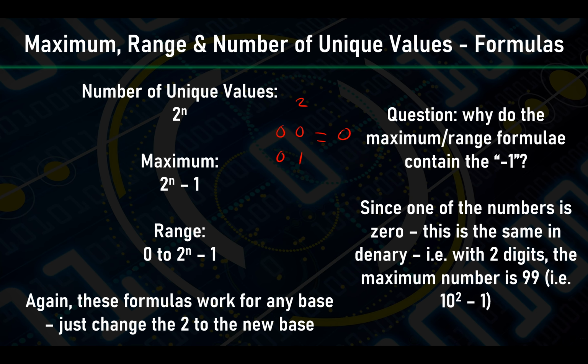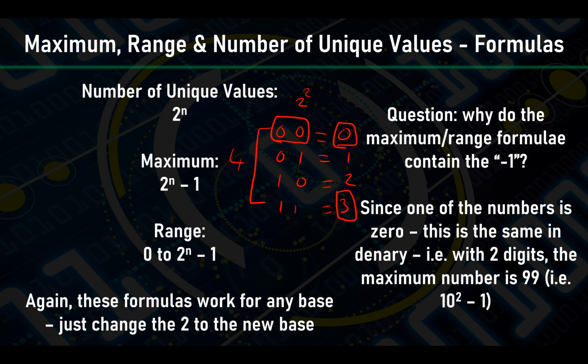Let's just write these. 0 0 is going to be 0 in Denary, 0 1 is going to be 1 in Denary, 1 0 is going to be 2 in Denary, and 1 1 is going to be 3 in Denary. So again, we see the smallest is 0, the biggest is 2 to the power of n minus 1, and the number of different values is 4. And of course, 4 is 2 to the power of 2, since we're using 2 different bits.